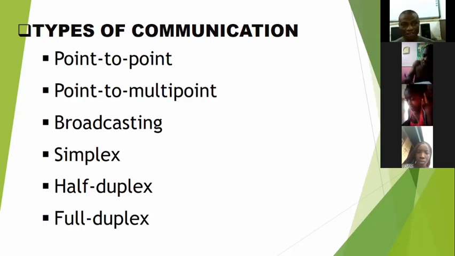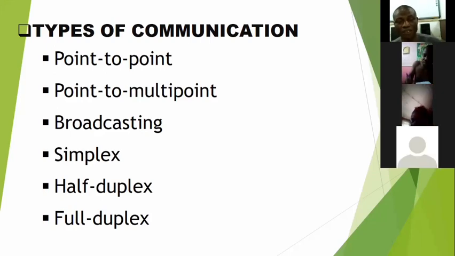Then you have broadcasting. In broadcasting communication, there is one unit broadcasting to multi-users. In point to multi-point, there could be interchange of questions and answers. For instance, students can ask questions on this platform and there will be responses from the lecturer. In this case, it is point to multi-point communication.